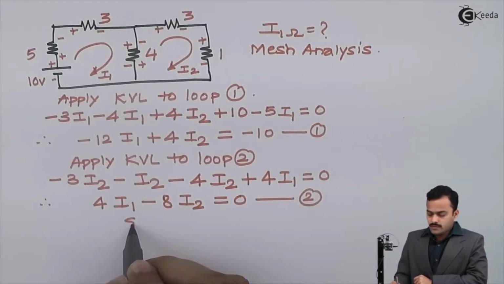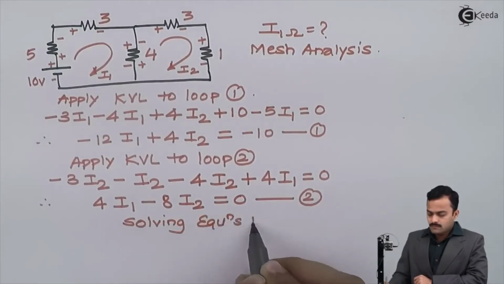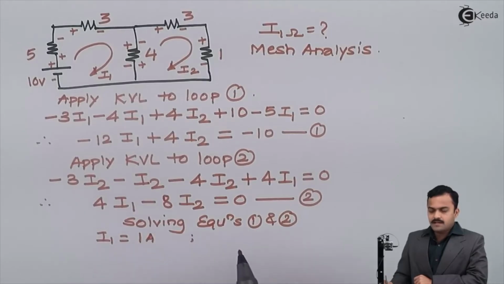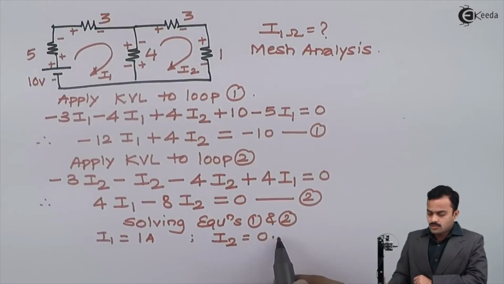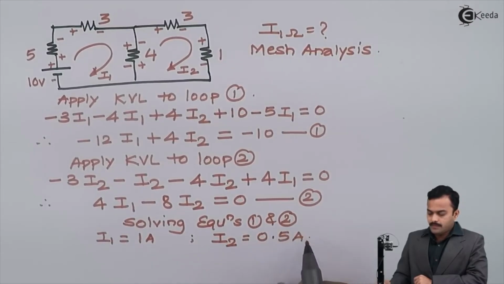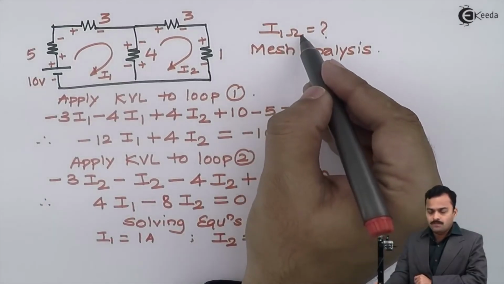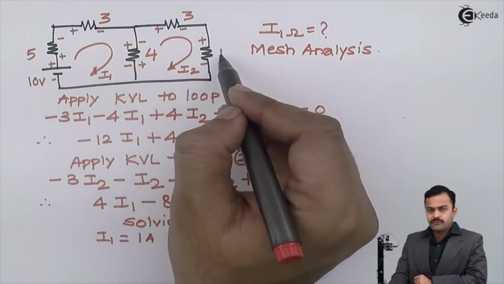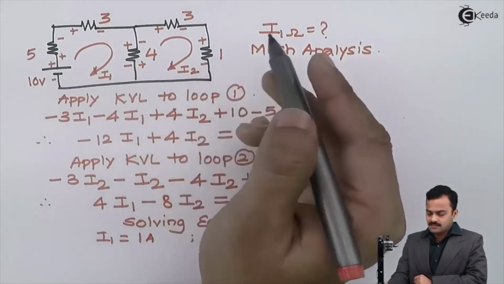After solving these two equations, I will get the answer I1 as 1 ampere and I2 as 0.5 ampere. The objective is to find the current flowing through the 1 ohm. If I see the circuit, I'll come to know I2 is the current which is flowing through the 1 ohm resistance.